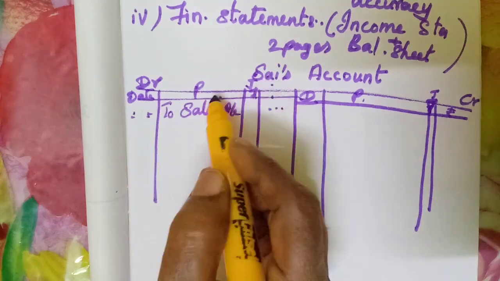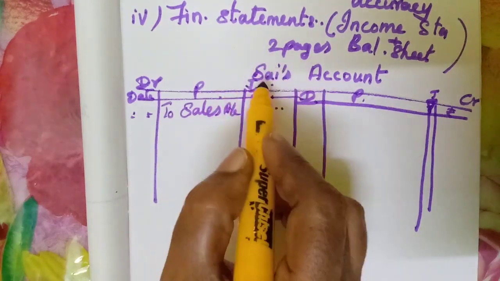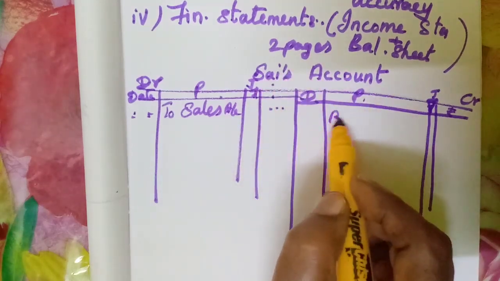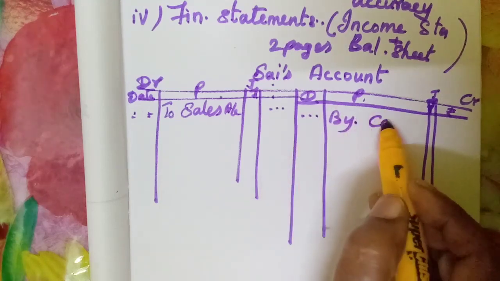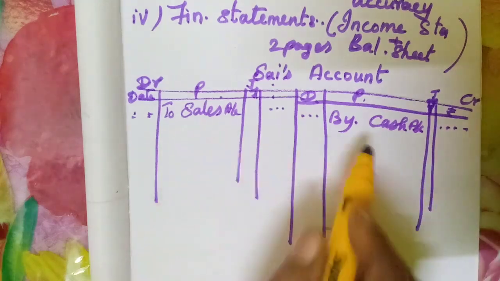If we receive cash from Sai, what is the entry? Cash account debtor to Sai. There Sai's account is credited. So we should write the date first, then 'by cash account'. Then we will write the balance.